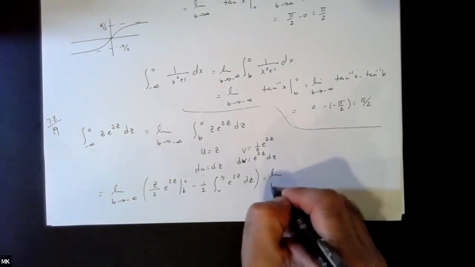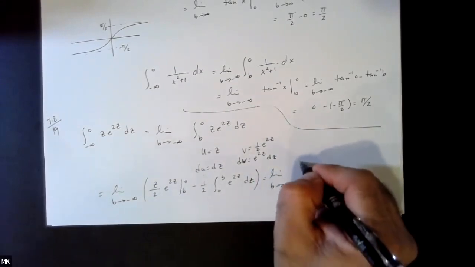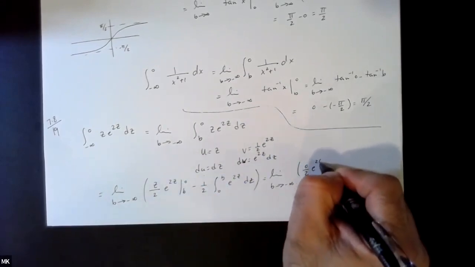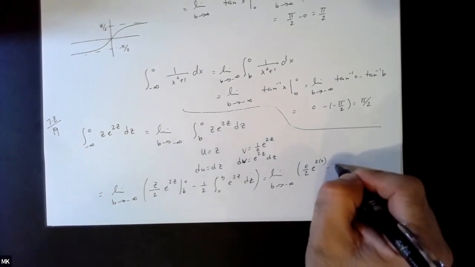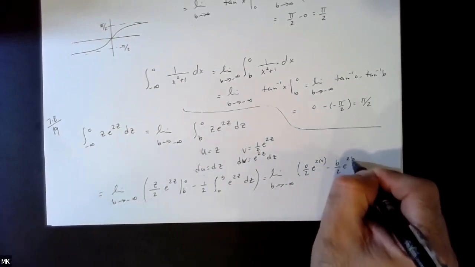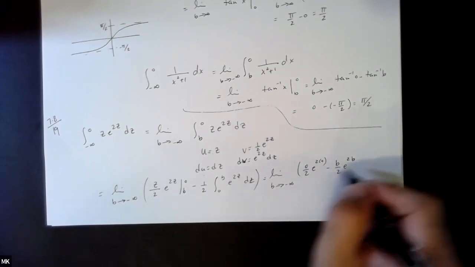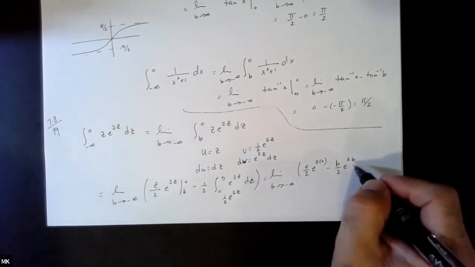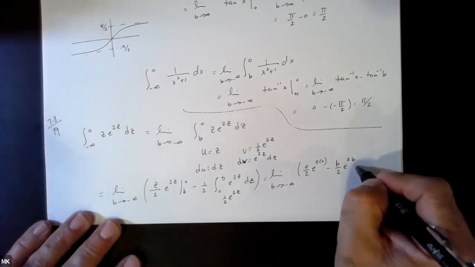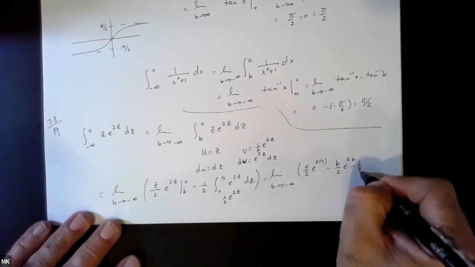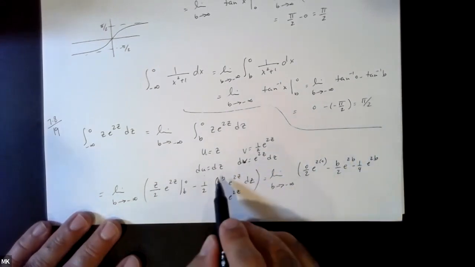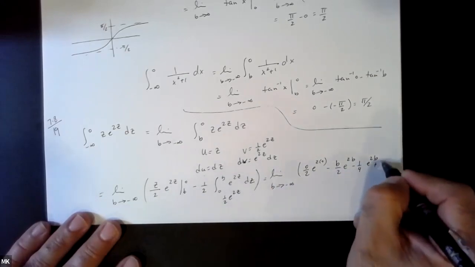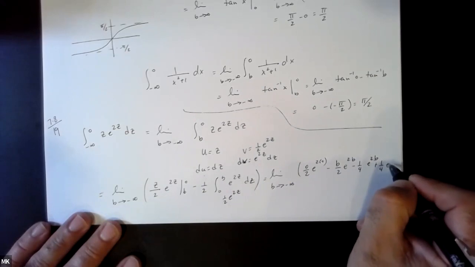So it's going to be the limit as b goes to negative infinity of z at 0 minus b. And of course, the antiderivative of e to the 2z is 1/2 e to the 2z again. So it's going to be minus 1/4 e to the 2b, plugging in b for z, plus 1/4 e to the 0.